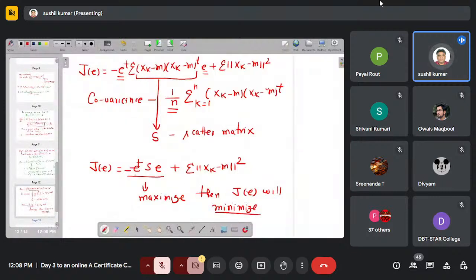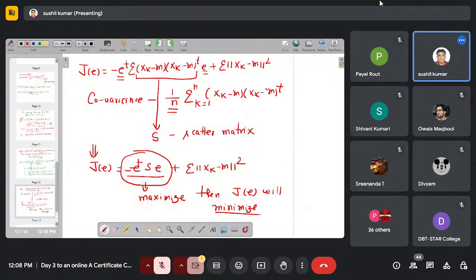And this is the optimization here. Same thing is required: somehow I need to reduce the error here. So if you can increase this value, then you can minimize J.